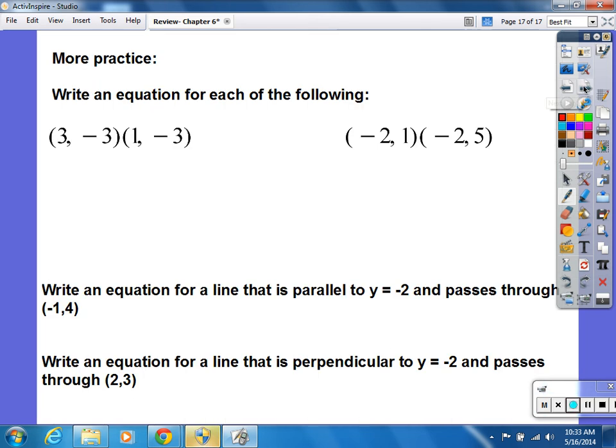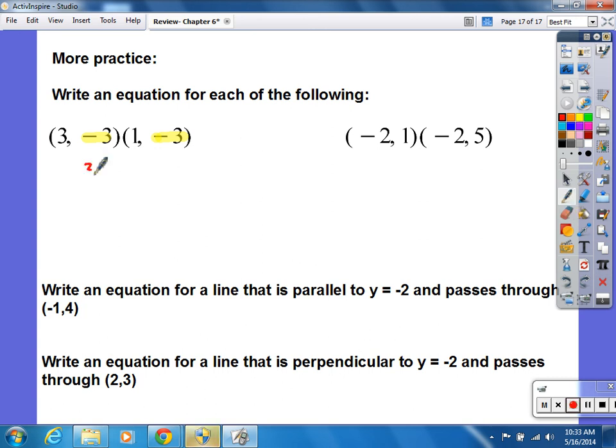All right, finally today, we've got a couple of more horizontal and vertical line practice questions. First of all, I'm looking at 2 points here, and I noticed that in both situations, the y value is -3. That should tell me something interesting about the equation that I'm going to write here.